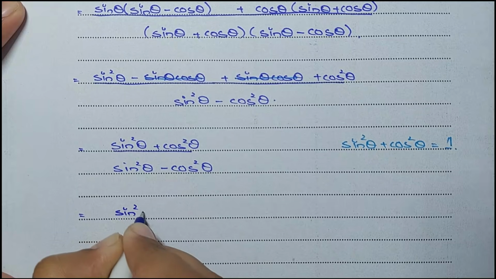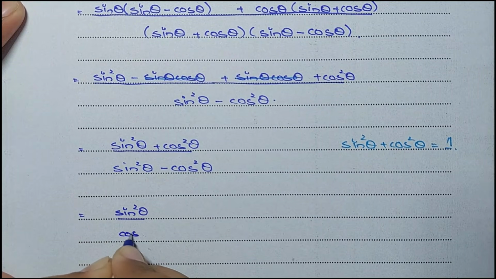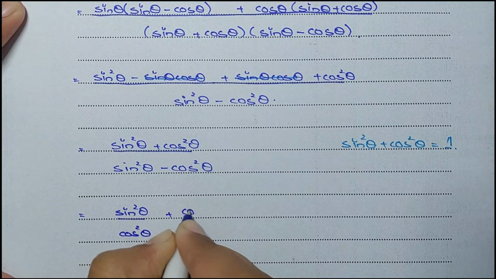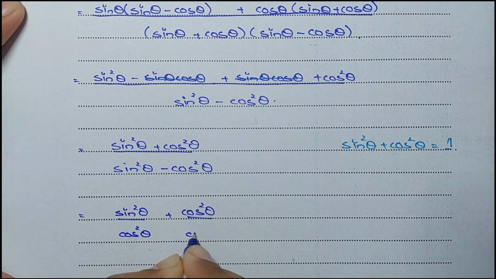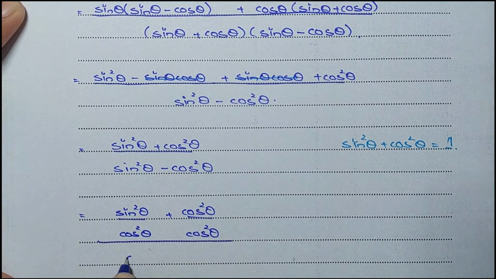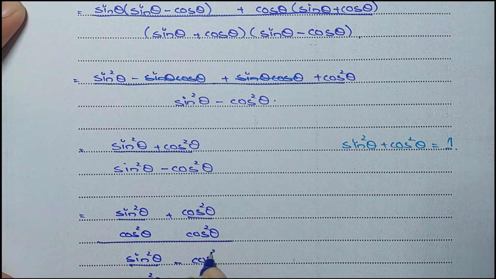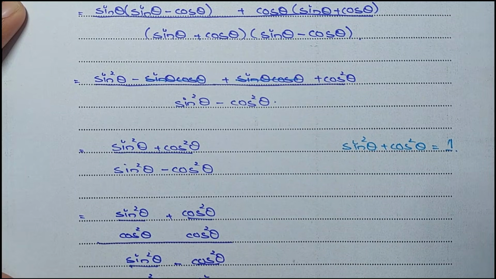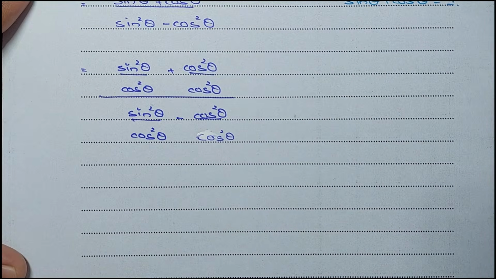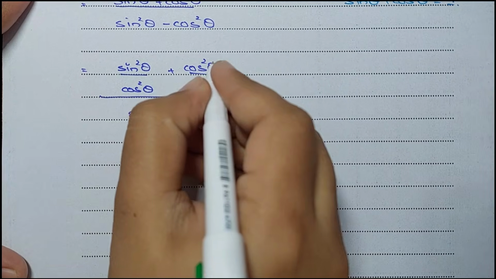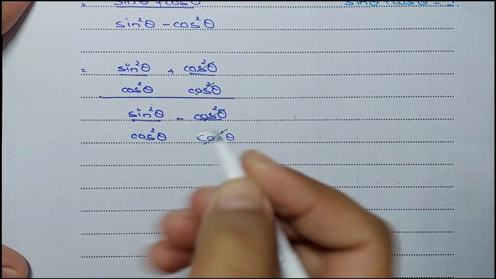So sine square theta divides with cos square theta, plus cos square theta also divides with cos square theta, whole divided by sine square theta divides with cos square theta, minus cos square theta divides with cos square theta.